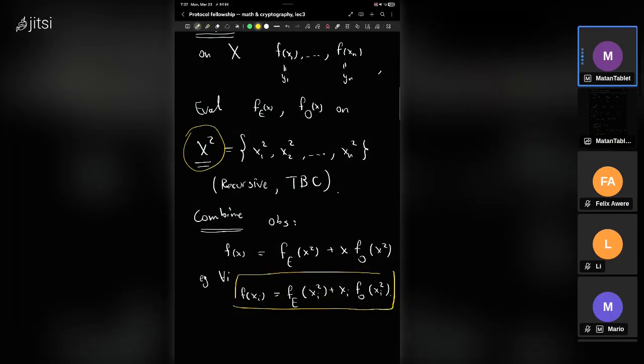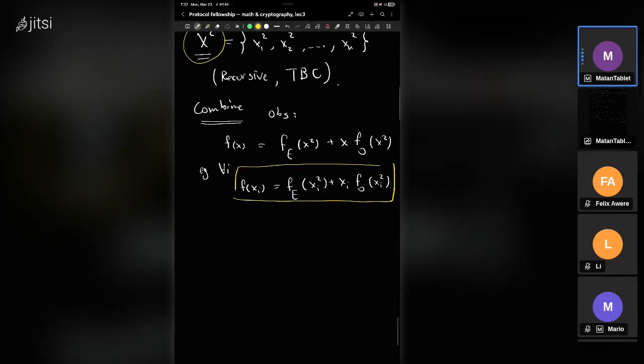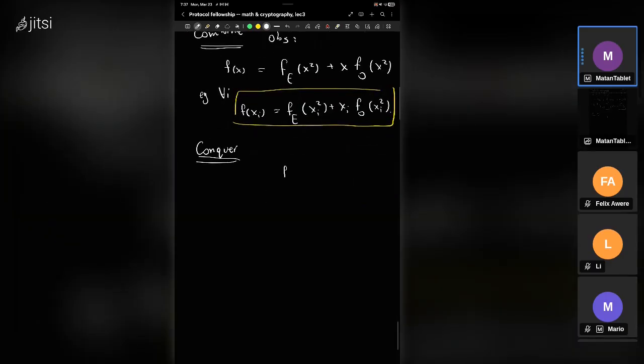Okay, so let's expand on the conquer stage. I said I do recursive steps, right? So I start with my polynomial f. I divide it into Fe and Fo. These are two polynomials.